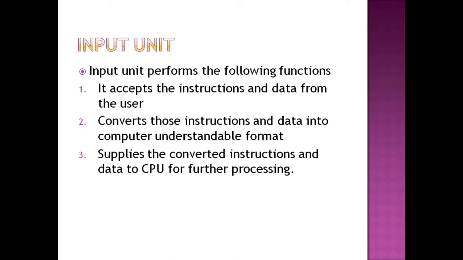The mouse movement is actually converted into the binary language, and then that information is sent to the CPU. Only when the CPU receives that will it be able to understand that the user actually wants to save the file. Only then is it going to do the saving of the file. So this is about the input unit.